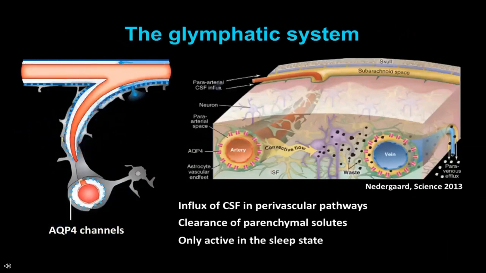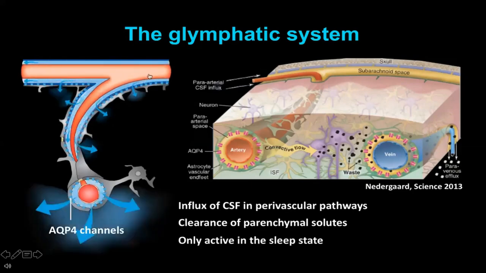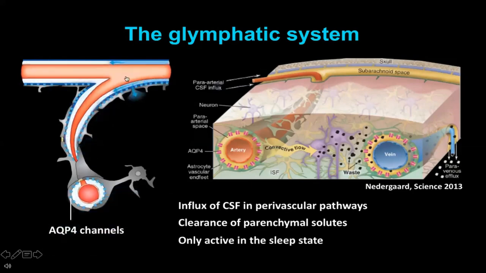It was discovered in 2012 in the lab of Maiken Nedergaard, and it is a system of perivascular influx of CSF. The CSF is circulating in the subarachnoid space, and when these pial surface arteries turn into penetrating arteries, the fluid, the CSF, will actually follow.